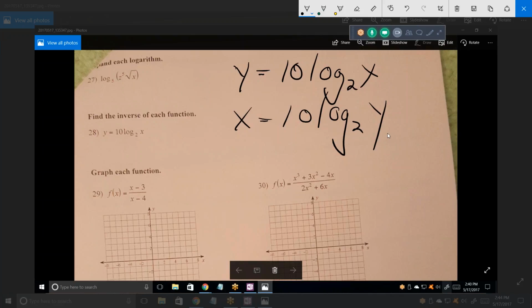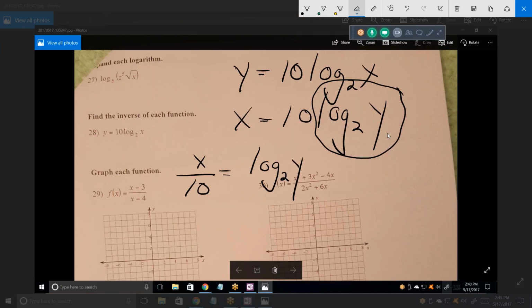First, you'd want to move the 10 to the other side first, right? In other words, I want to isolate that. That's my goal, is to isolate that. So how do I isolate that? Would you divide by 10? So I got x divided by 10 equals log base 2 of y.